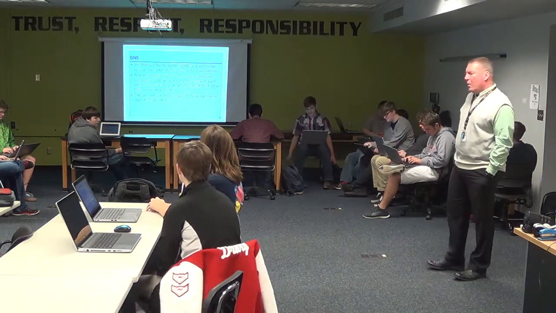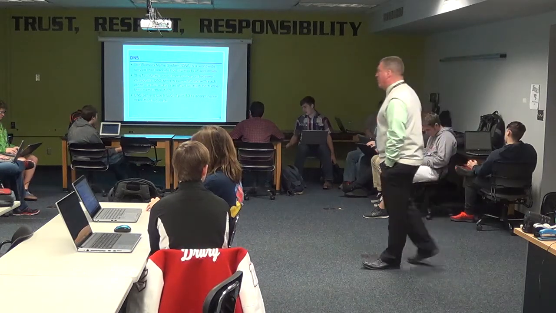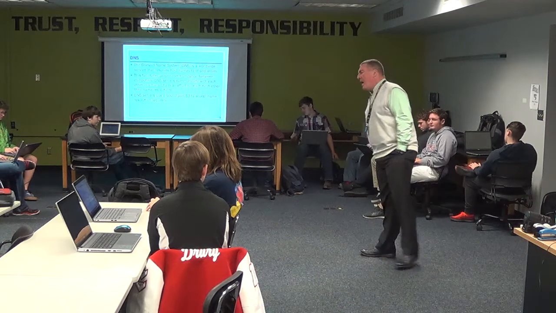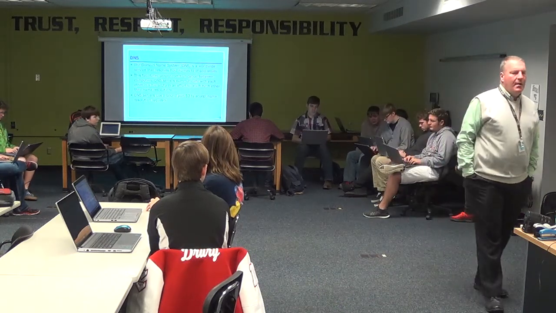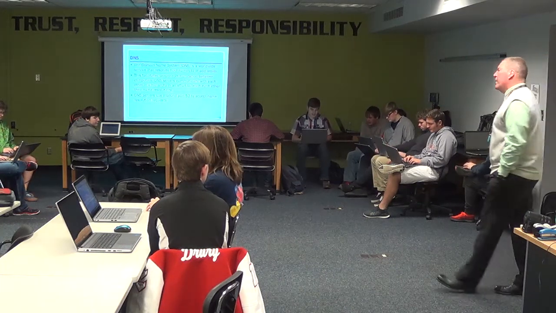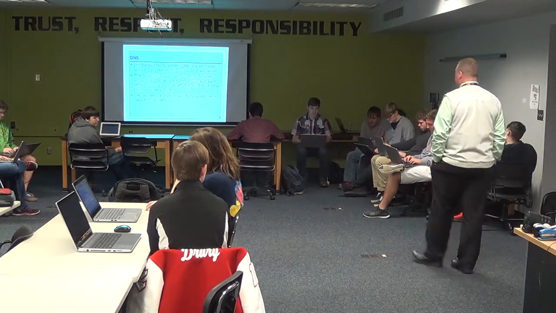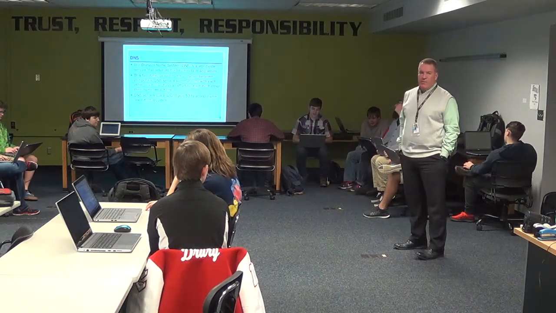Every computer on the Whiteman network is called computer name.whiteman-associates.local. That's a fully qualified domain name. If I want to get to the accounting application, I need to connect to ACCTG, the name of the server, .whiteman-associates.local. Okay? I can't remember the IP addresses for all of those.